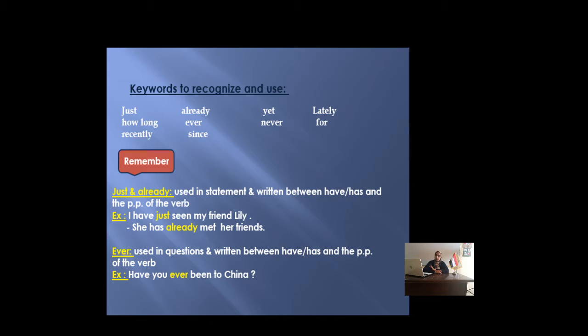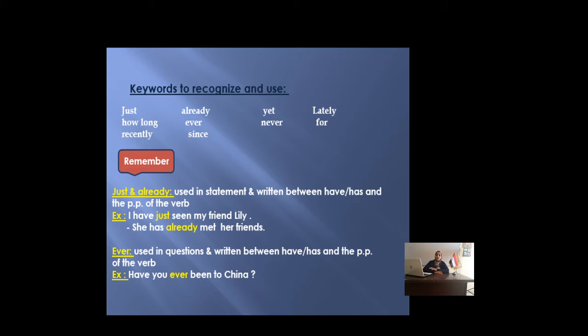So I have a song to help you keep them easily by heart. I will just read it. Just, already, ever, never, yet, lately, how long, recently, for, since. Again, just, already, ever, never, yet, lately, how long, recently, for, since.